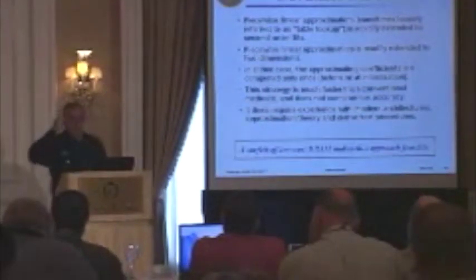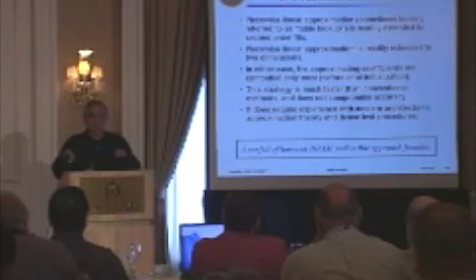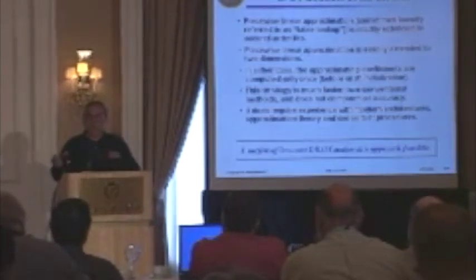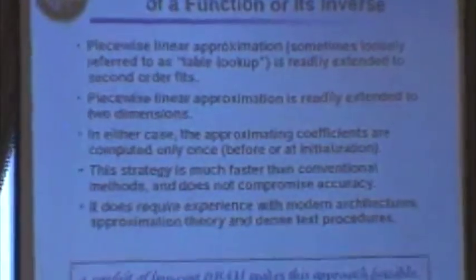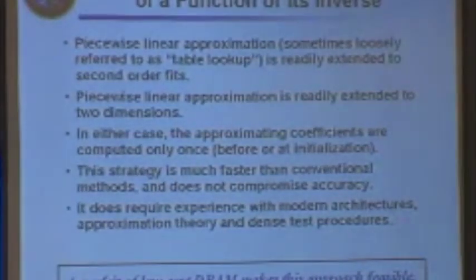When I was just starting in this business, we had to do trade-offs between runtime and memory. Remember that? Well, memory is not a consideration anymore. We have tons of dynamic random access memory, so we can take advantage of that. And what I call a direct approximation of a function or its inverse, you might call table lookup, colloquially.